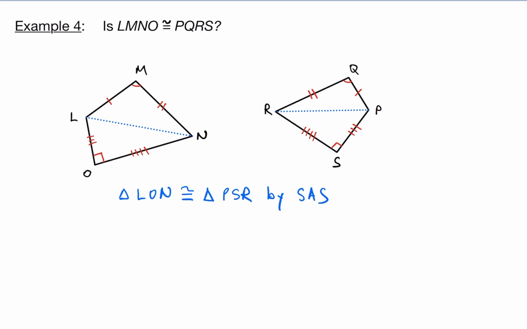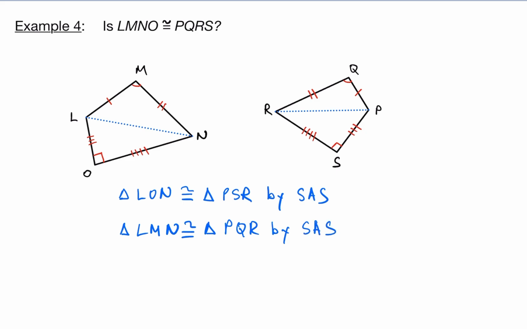So then what we find is that triangle LMN is congruent to triangle PQR, and they're congruent by side angle side congruency.